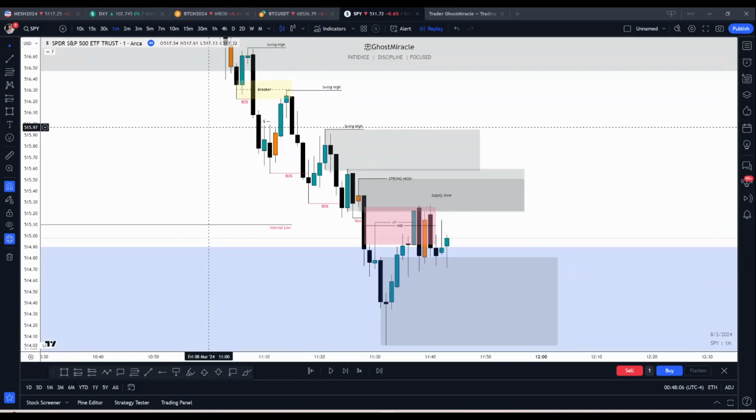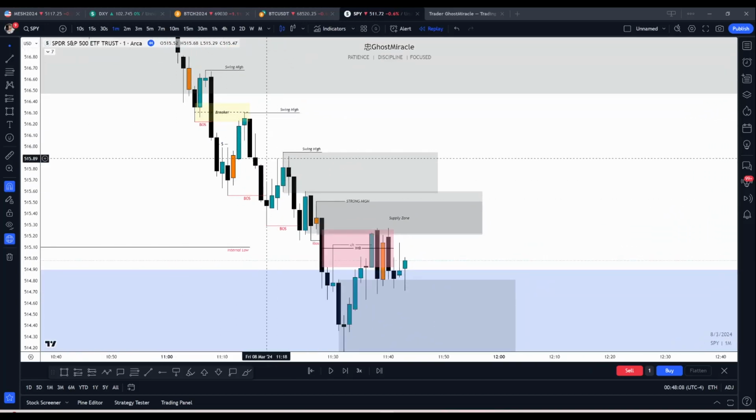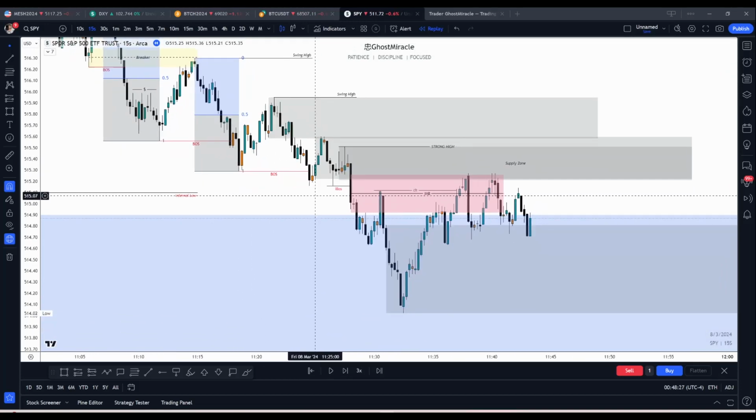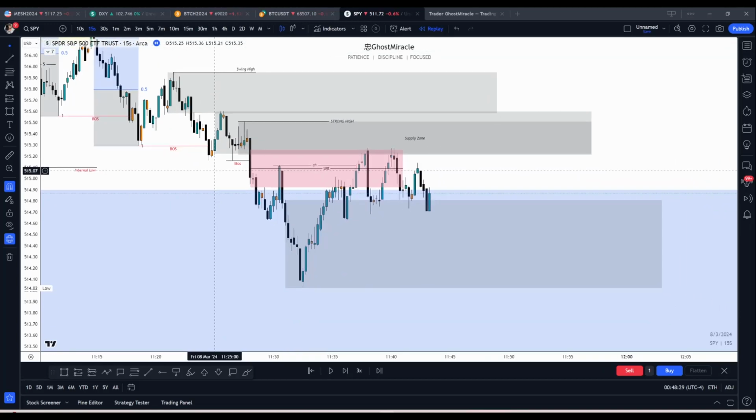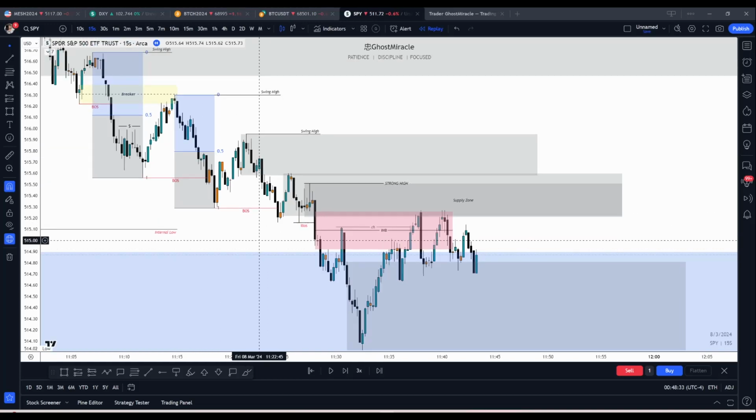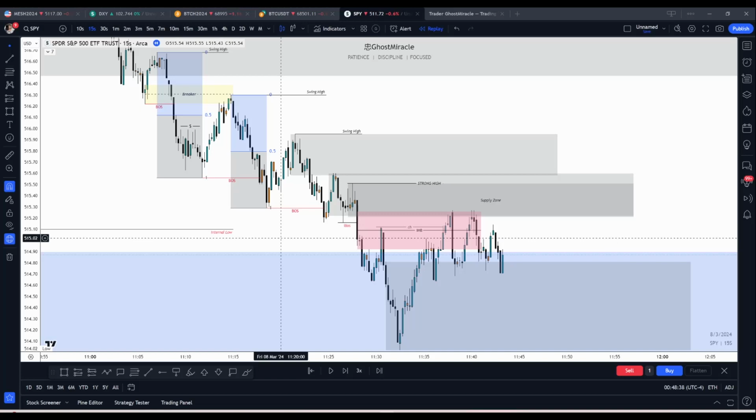When it's like this and it's continuous breaks, entry one, entry two, entry three, somewhere along those lines, where it's just continuously breaking.